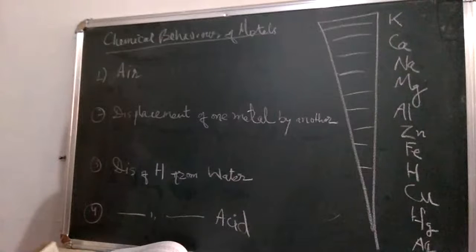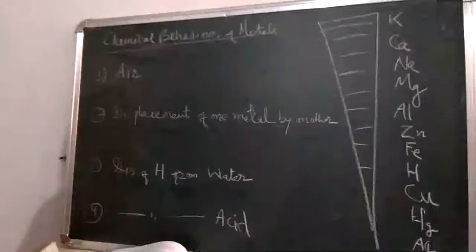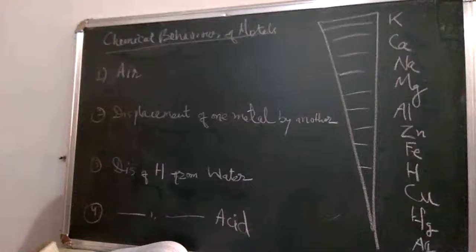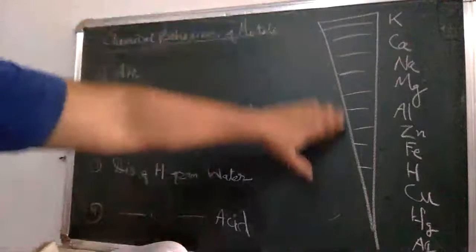So you cannot keep sodium and also potassium in open air. You have to keep them in some kind of liquid through which they cannot expose themselves to the air. That liquid can be kerosene. You put sodium and potassium into kerosene, then only they can be stored. Otherwise, if you keep them in open air, they will catch fire and be wasted. So this is the activity series.